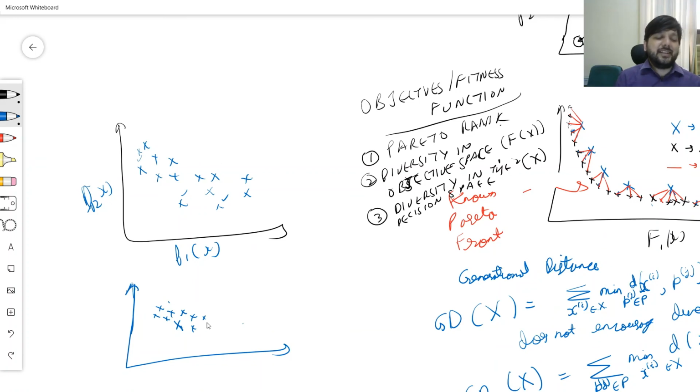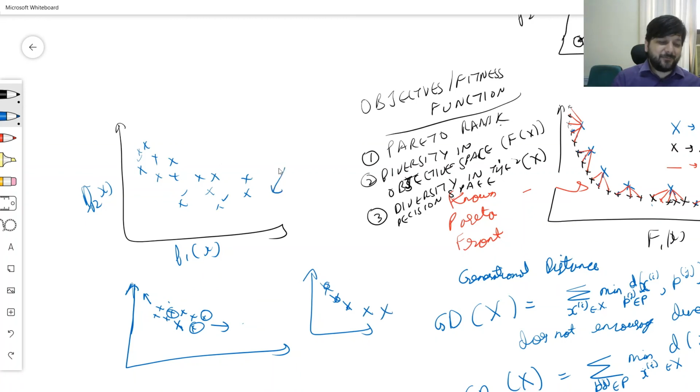Now since the primary objective is almost the same, we come on to the secondary objective where there's a pressure. So these individuals are good because they are sparse, and these individuals are bad because they are dense. So the individuals start spreading away from each other.